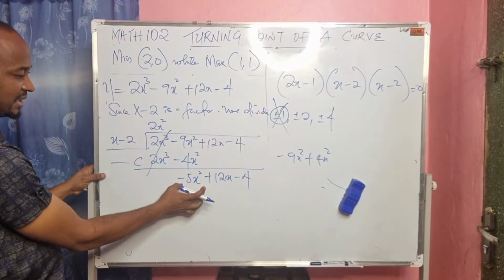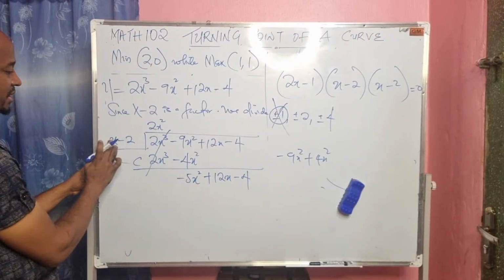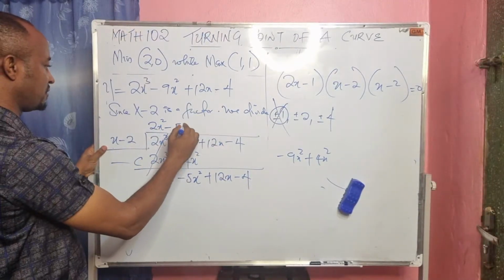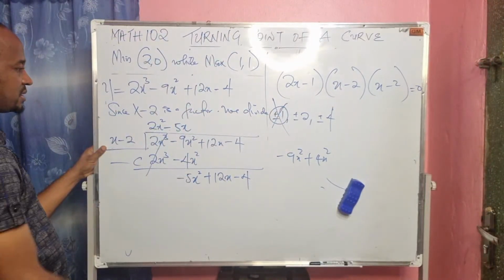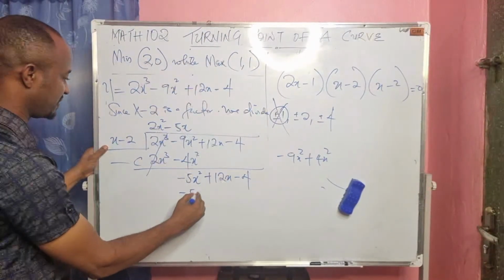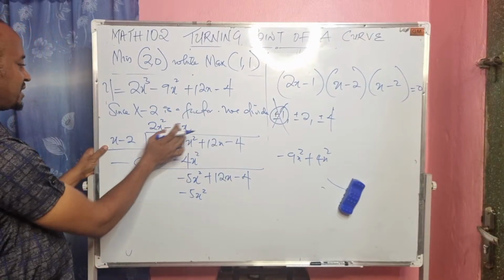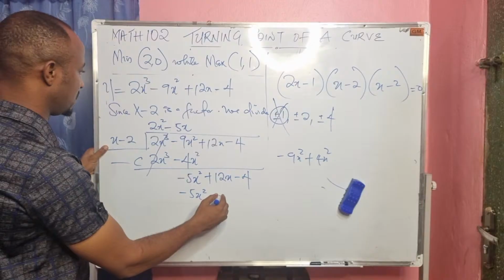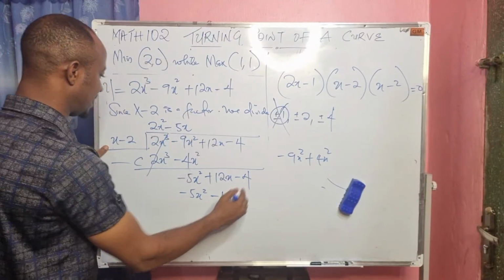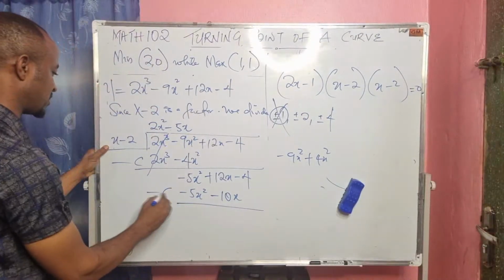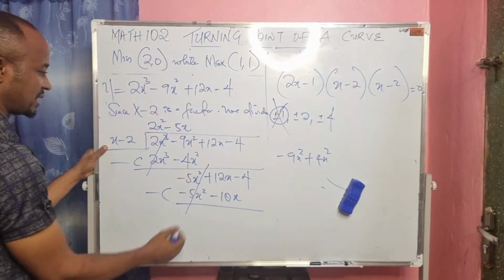I will divide this again. Minus 5x squared divided by this will give me minus 5x. Minus 5x times x will give us minus 5x squared. Minus 5x times minus 2 will give us plus 10x. Okay, what do we do again? We further subtract. This will cancel out, right?